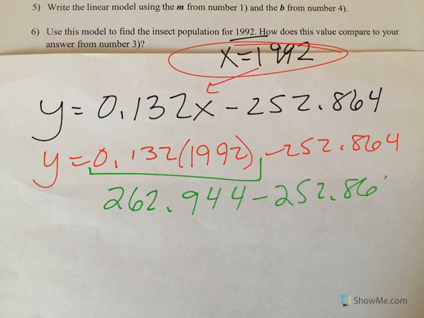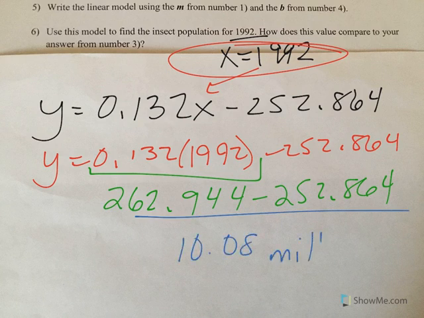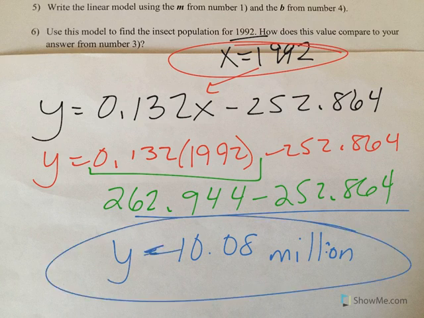Subtract my y-intercept, and when I subtract these, I end up with 10.08 million. The exact same value we found in number 3. It's the exact same. So we did it a little bit differently. We used the same slope, but we had different y-intercepts because we were using different values for x, right? Which is kind of nice.